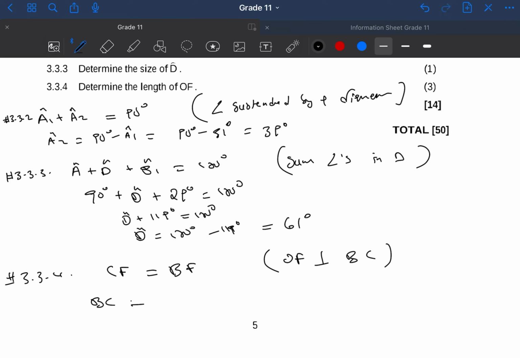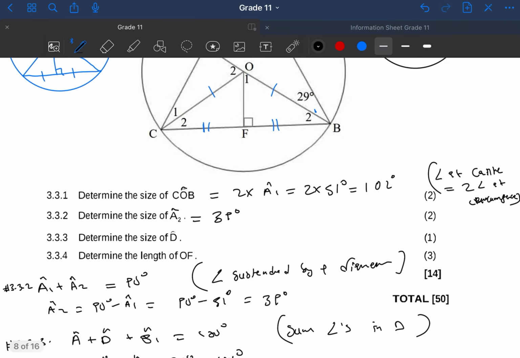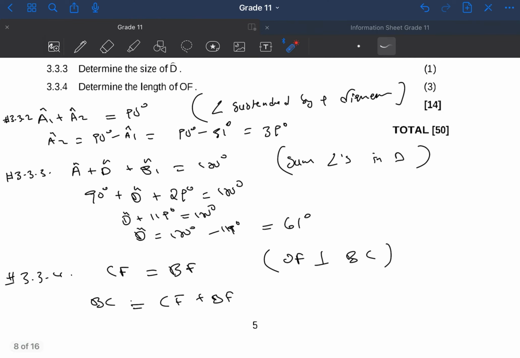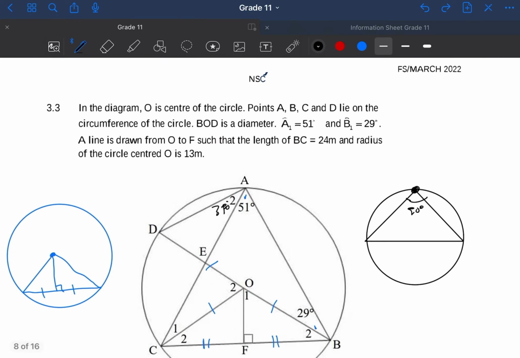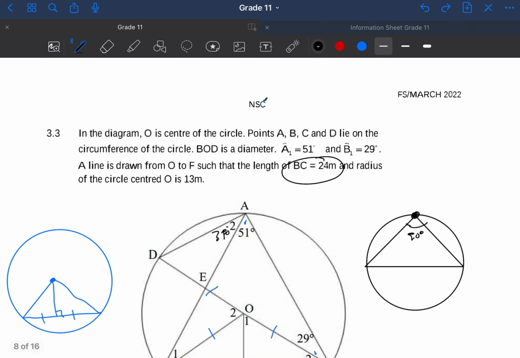BC is equal to CF plus BF, right? This line BC is equal to CF plus BF. And these CF and BF are the same. We have been given that BC is equal to 24.